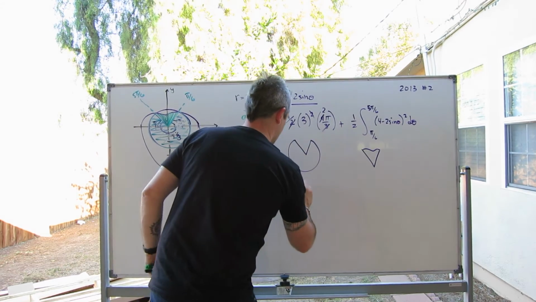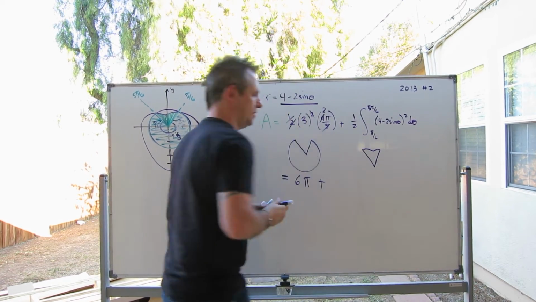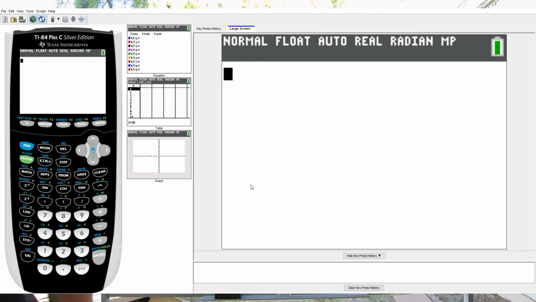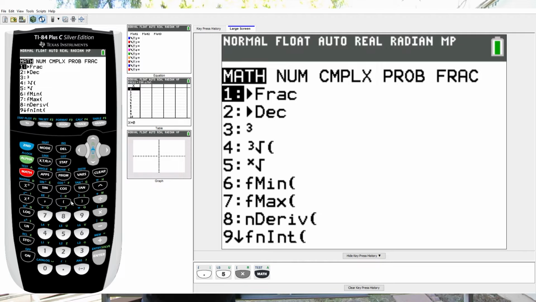So I think we get 6 pi plus... Alright, and now I'm going to break out my calculator to do this integral. So 0.5 times math 9.